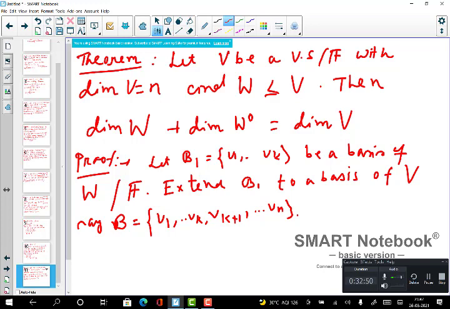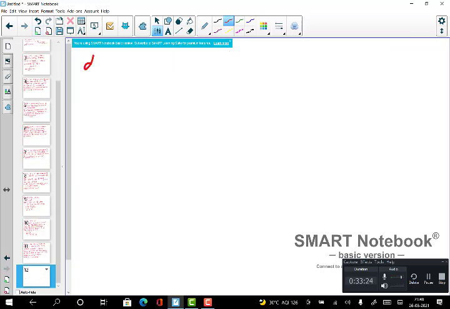And once you have a basis for V, then you also have a dual basis for V star, because W naught is actually a subspace of V star, right? And let f1, f2, up to fn be the dual basis of V star.